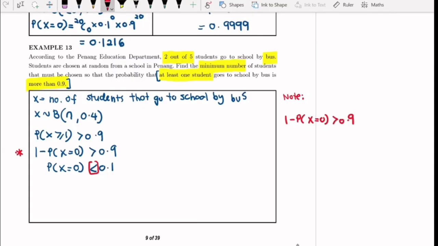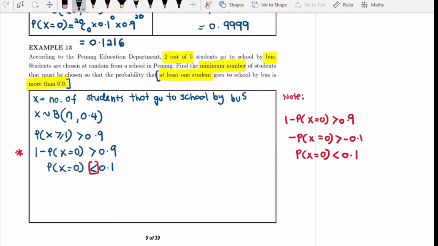If we move the 1 over, we have negative P(x equals 0) greater than negative 0.1. We want to omit the negative, so we need to change the sign to less than. That's why we have the line below.